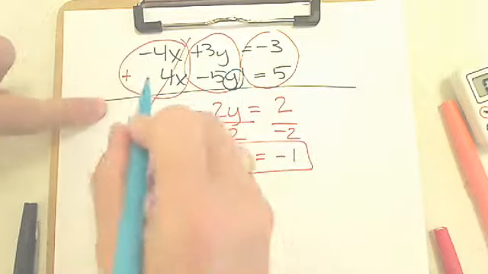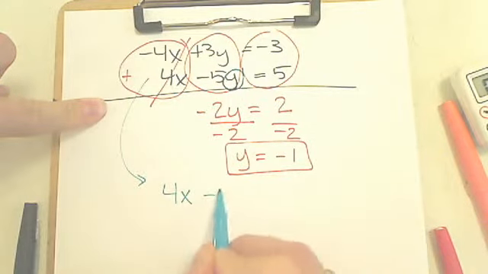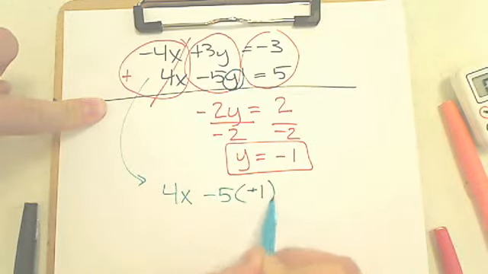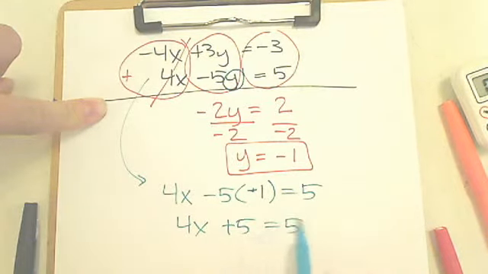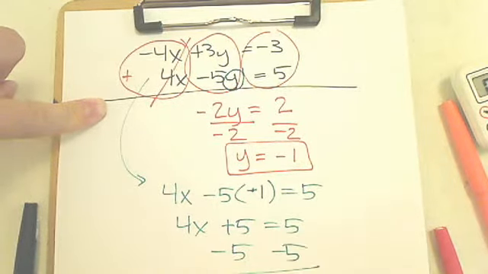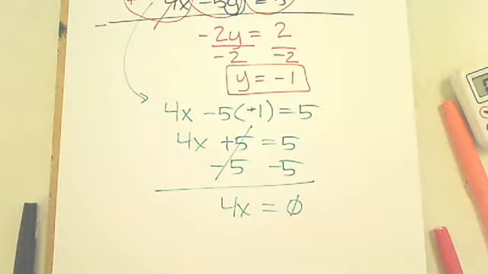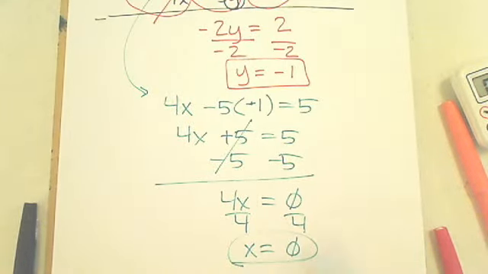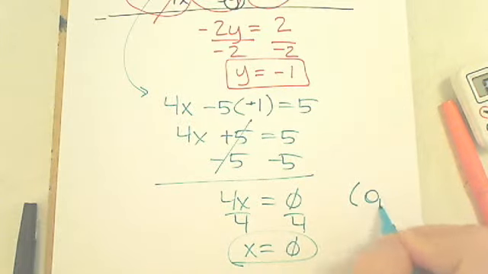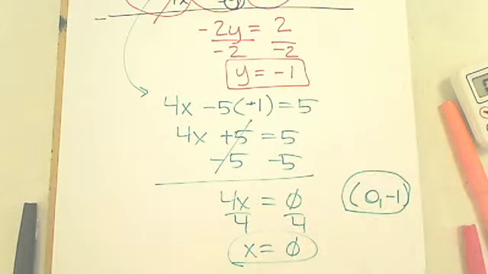So we have 4x minus 5 times negative 1 equals 5. 4x plus 5 equals 5. Take away 5. Divide by 4. x is 0. Where does it intersect? 0, negative 1.